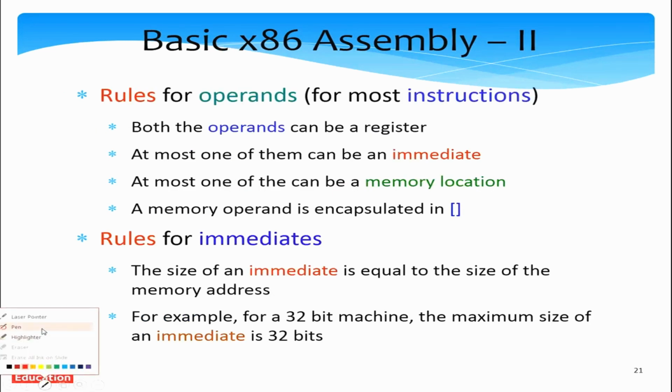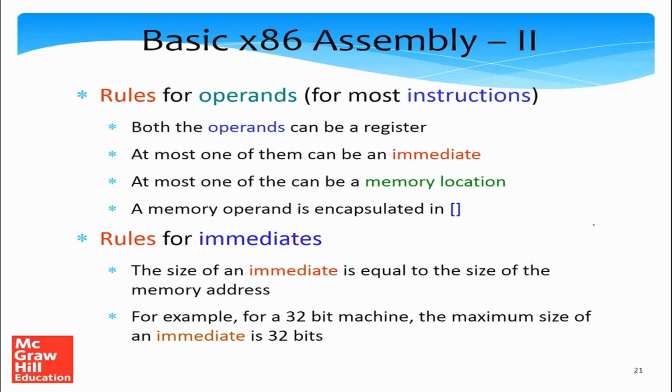Let us now look at some of the basic rules for operands for most x86 instructions. Both the operands can be registers, which is fine. This rule was also there in our earlier instruction sets, ARM and SimpleRISC.